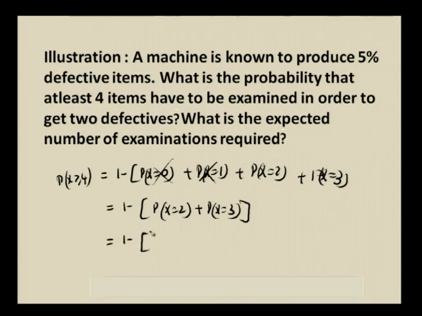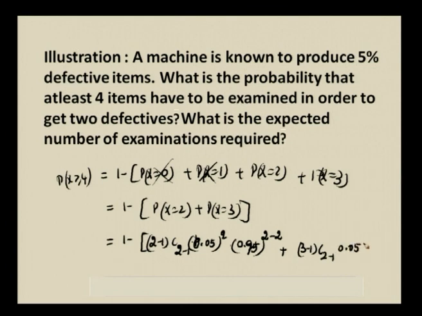So 1 minus, for x equal to 2: (2-1 C r-1), r is also 2, p^r where p is 0.05 and power r is 2, and q^(x-r), where q is 0.95 and x minus r is 2 minus 2. Plus P(X = 3): (3-1 C 2-1) 0.05 squared, 0.95 to the power 3 minus 2.